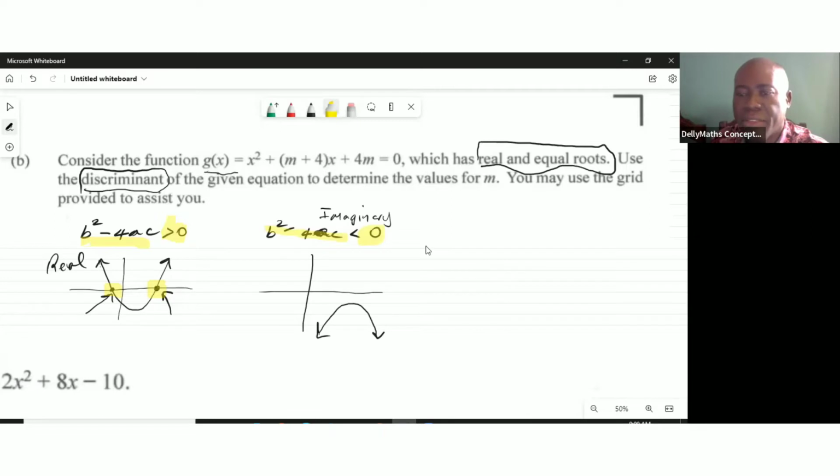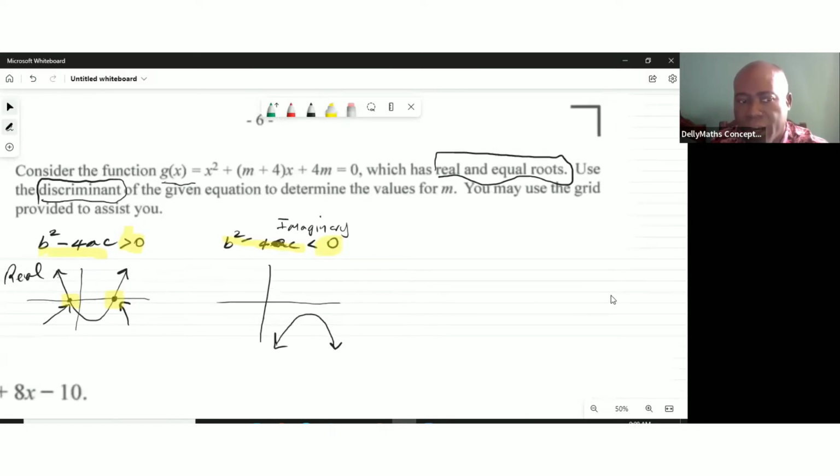Now, there is the third case, which is the one we're going to be dealing with here, when our discriminant is equal to 0. When our discriminant is equal to 0, we have real and equal roots. What does that mean?